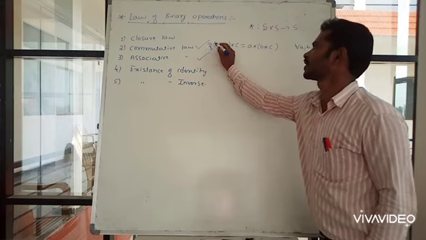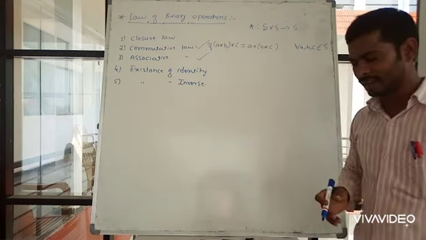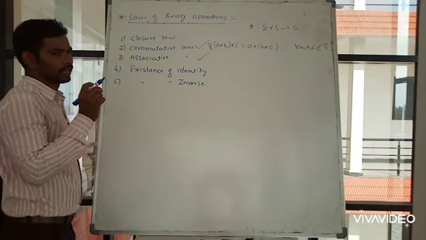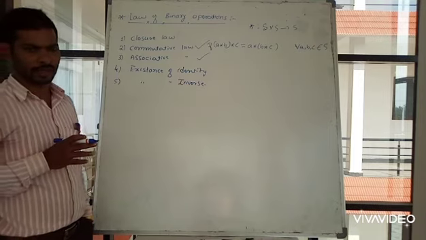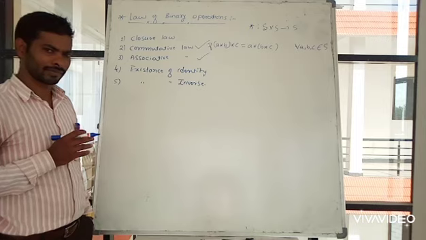If star on the set S satisfies this condition, then you can say that star on the set S is an associative binary operation, or that the binary operation satisfies the associative law.